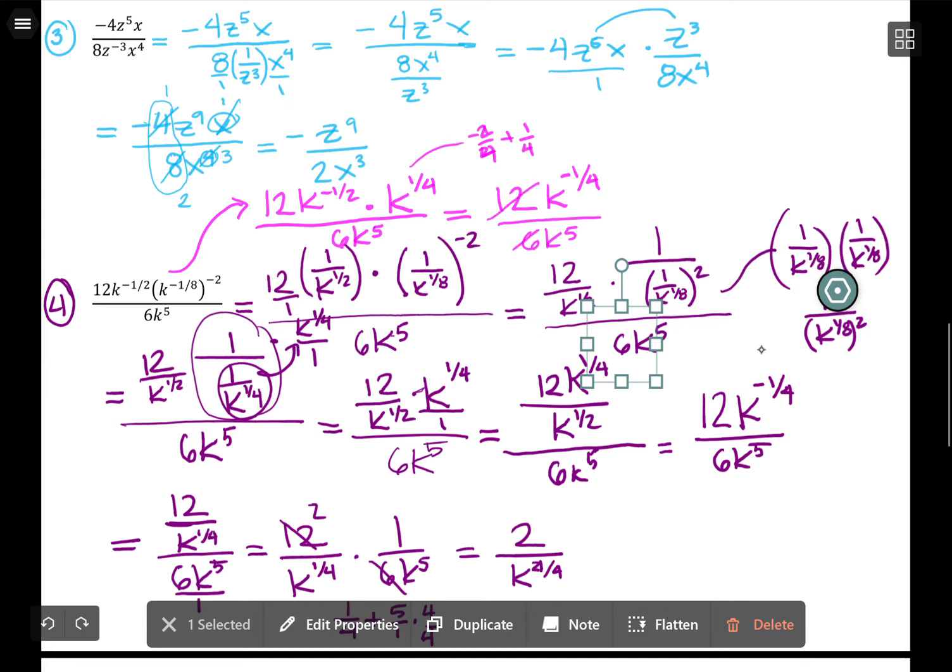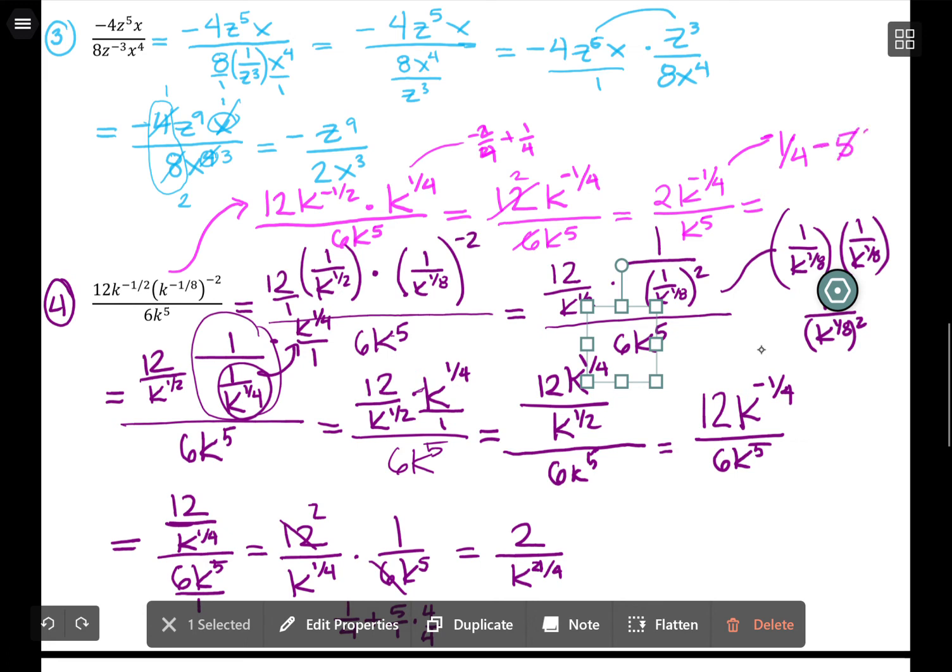Okay, and then we can cancel. So I have 2k to the -1/4 over k to the 5th. And then we can use the rule that says k to the -1/4 over k to the 5th is the same as k to the -1/4 minus 5.